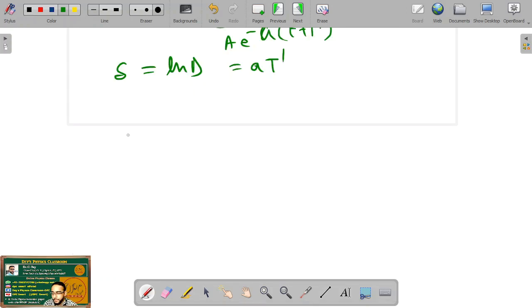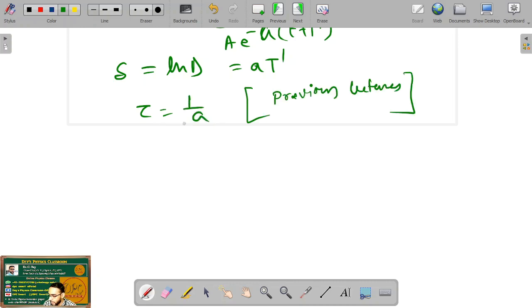I have also discussed relaxation time in my previous videos. Relaxation time we obtained as tau equals 1 by a. So delta, or logarithmic decrement, equals a t prime, that means t prime divided by tau.